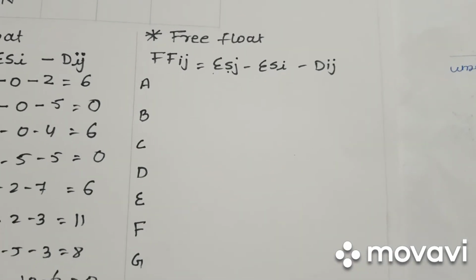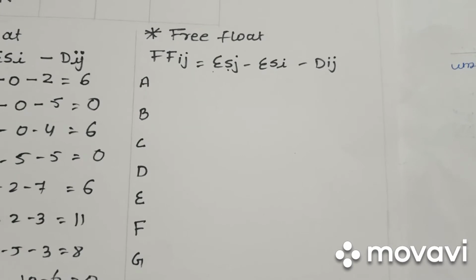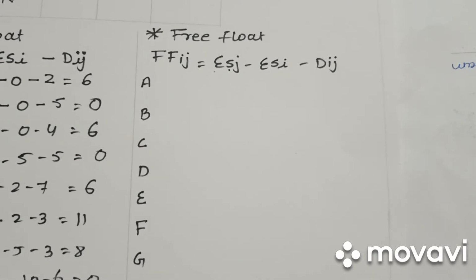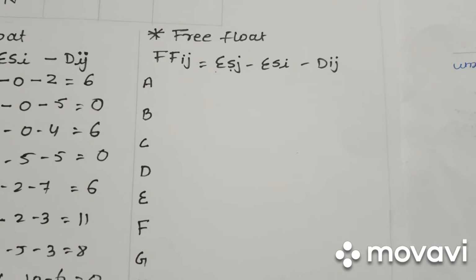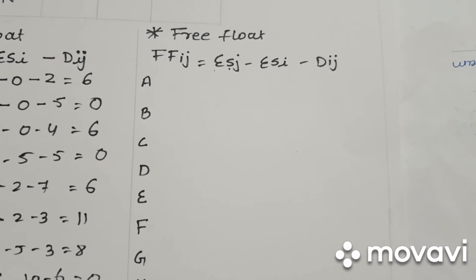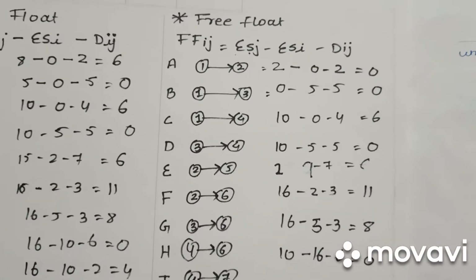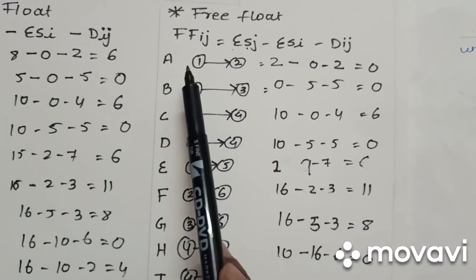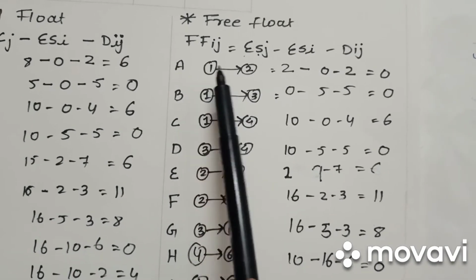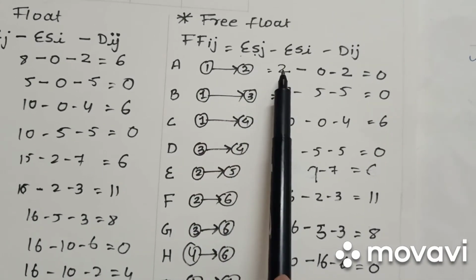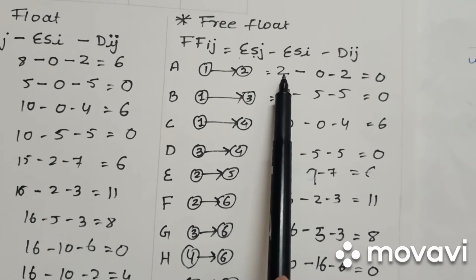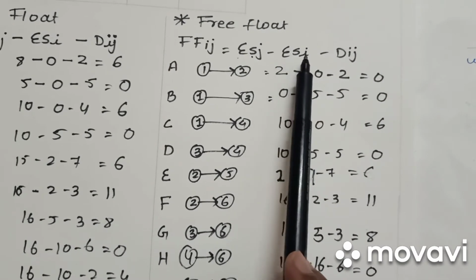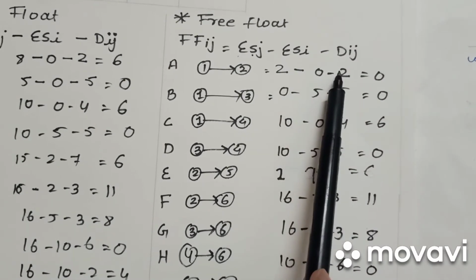For each and every activity we have to find out the earliest starting time for the ending node and the earliest starting time for the starting node, minus duration. With the help of the free float formula, we find the earliest starting time of the ending node minus the earliest starting time of the starting node and the duration.